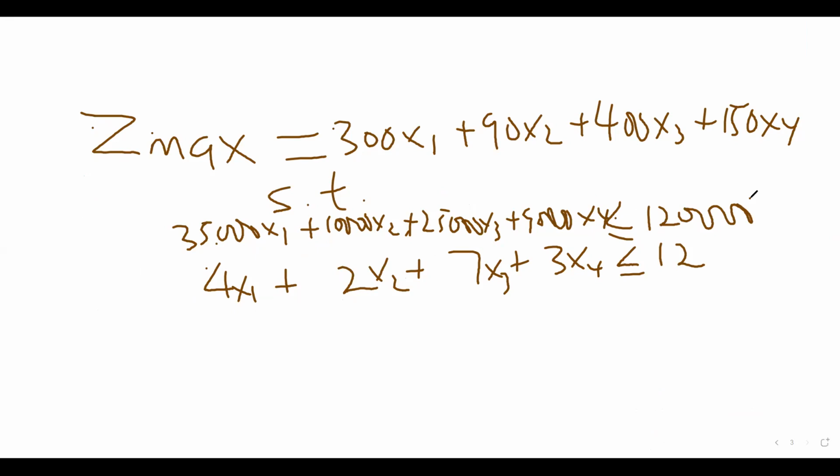Now remember, it says that either the swimming pool, which is the x1, or the tennis, which is the x2. Watch it carefully.